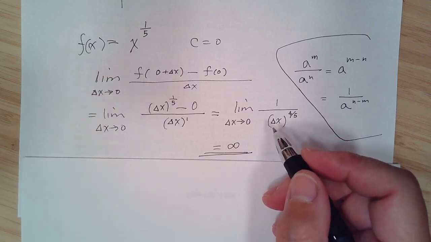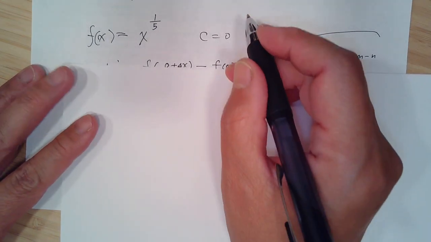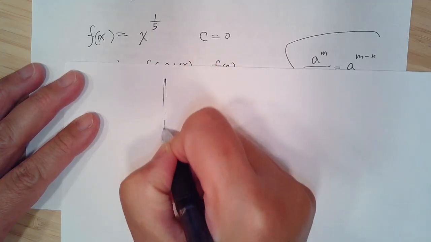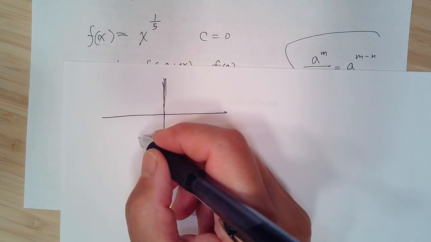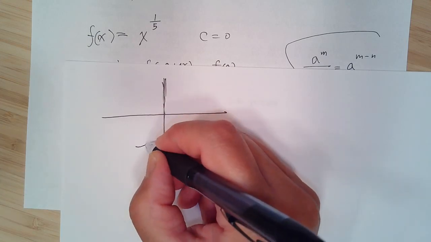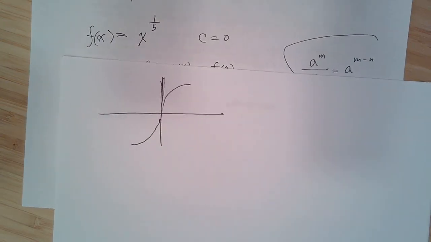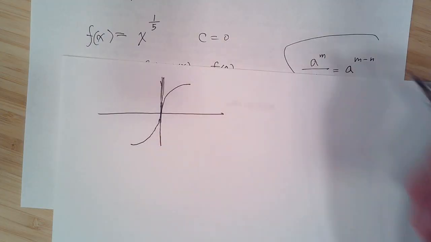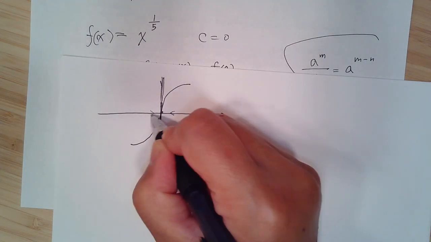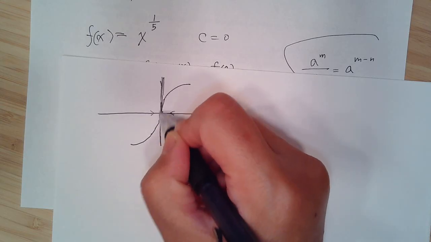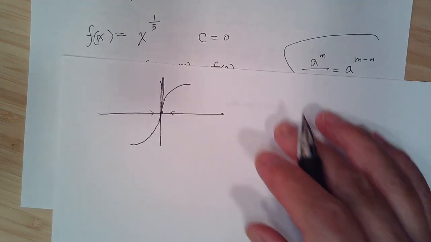Okay, and if you want to draw the graph at c equals 0 at that point, it should look like this. So no matter whether delta x is approaching 0 from the right side or left side, you always get the positive infinity slope. So that means this function is not differentiable.